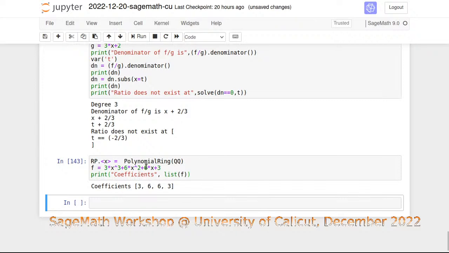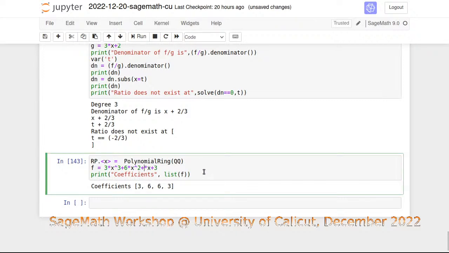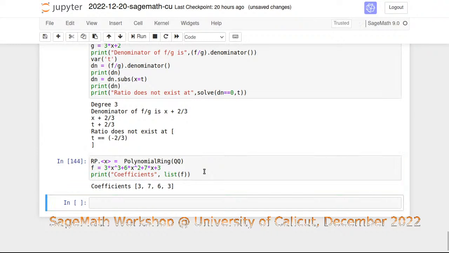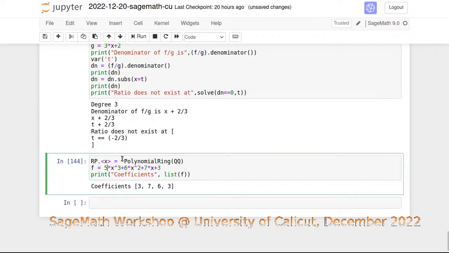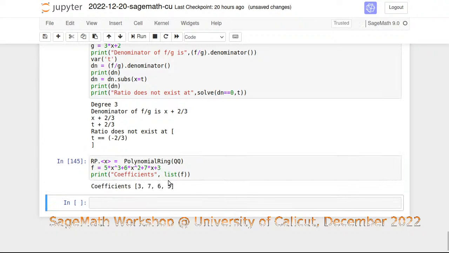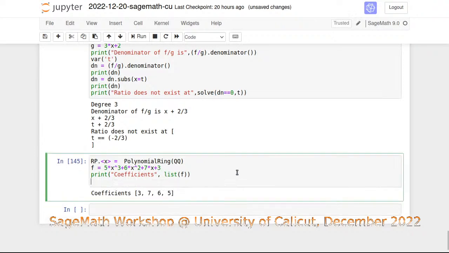But we are not very sure from where it's counting. So let us take it to be 7. The counting starts from 3 onwards. Therefore, the highest power is the last one. How do we locate the coefficient of the highest power?